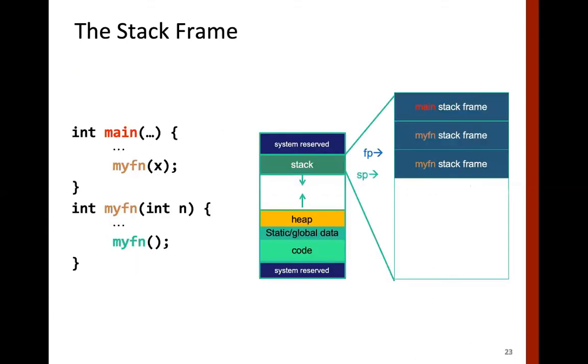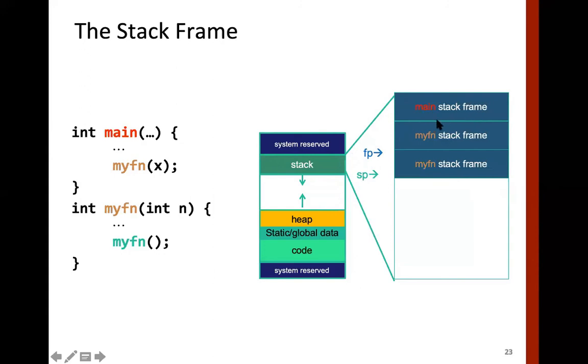So let's look at how stack will really look when we are executing here. This is the main program. So there will be, in the stack area, main with also some local variables, etc. There will be a stack frame corresponding to main.